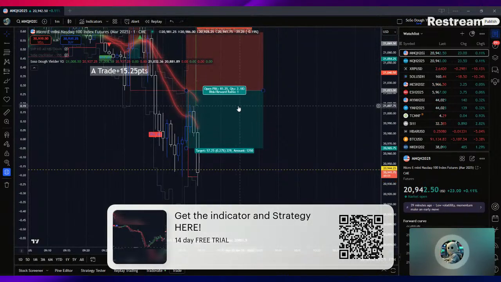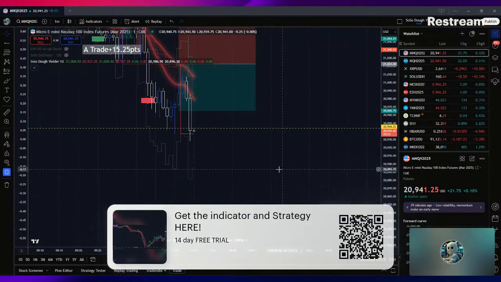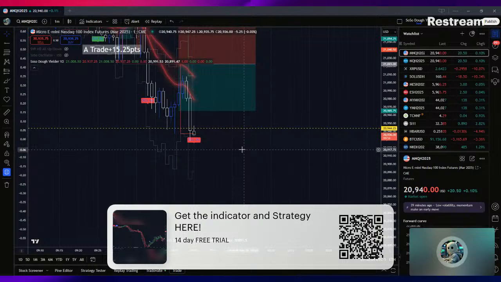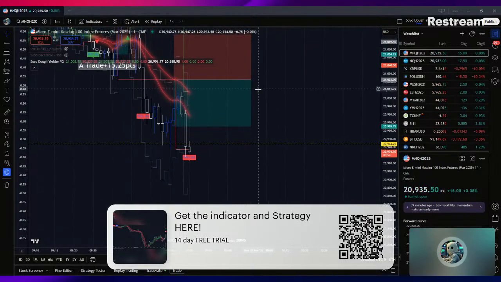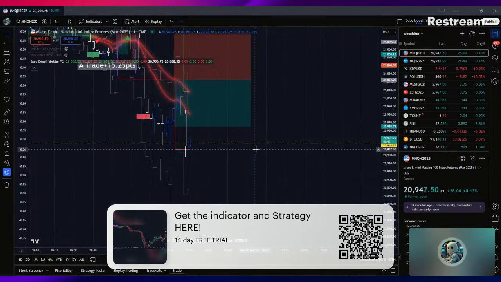So let's see what we got to here. 2108.50. We're up 22 points on the day.